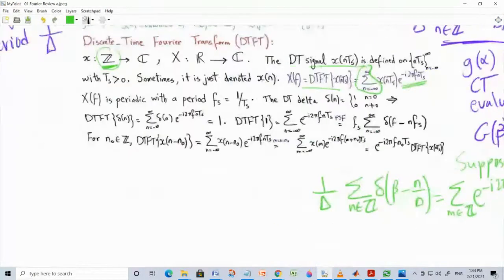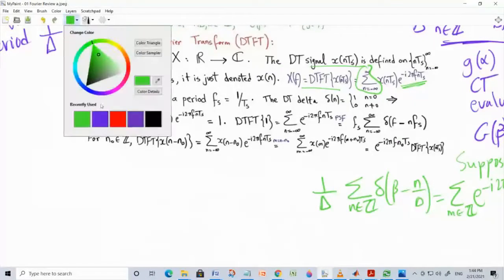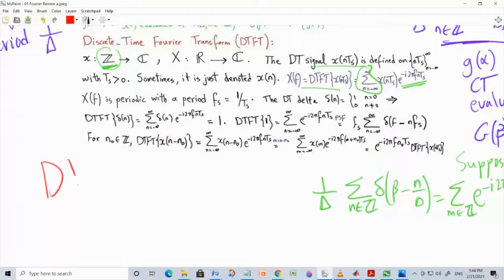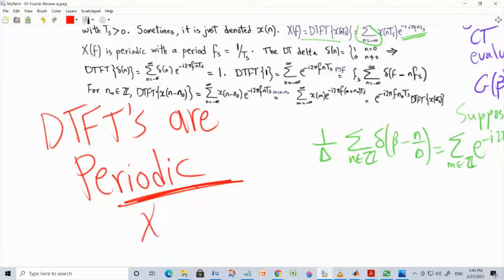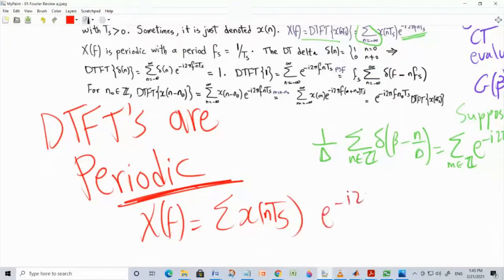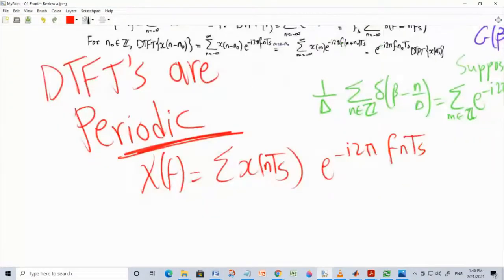One very important thing to remind you of, okay, so I will write it here: DTFTs are periodic. Okay, by definition, X of f is defined as summation x of n Ts e to the minus i 2 pi f n Ts. And now define Fs to be 1 over Ts.